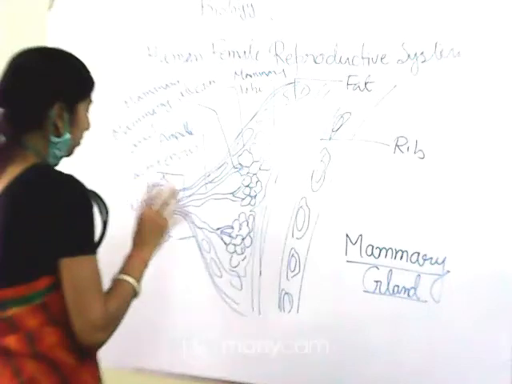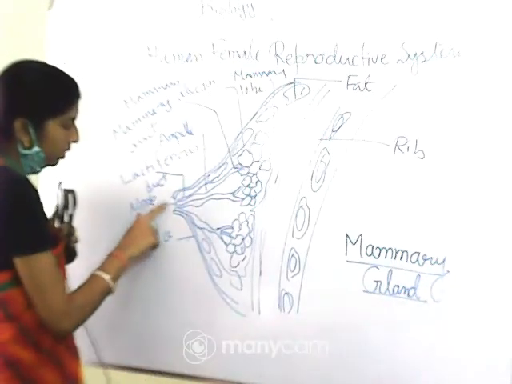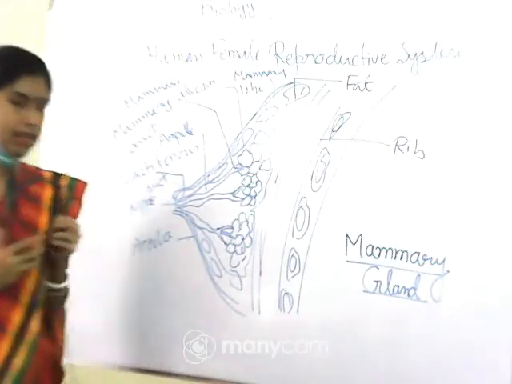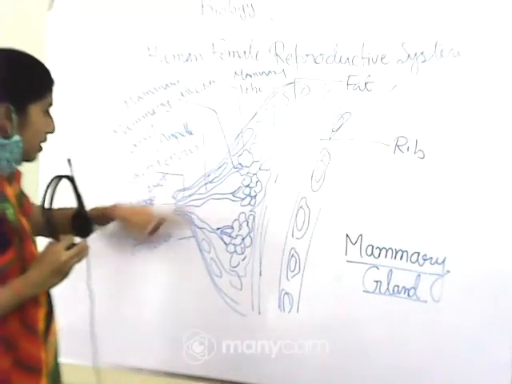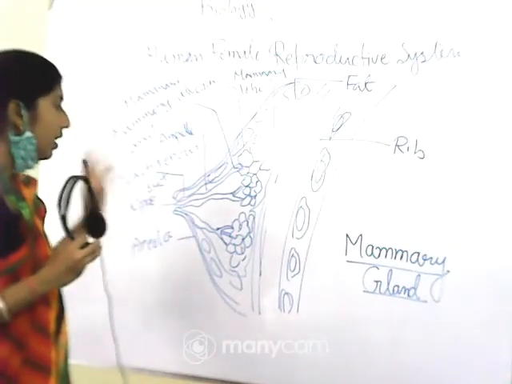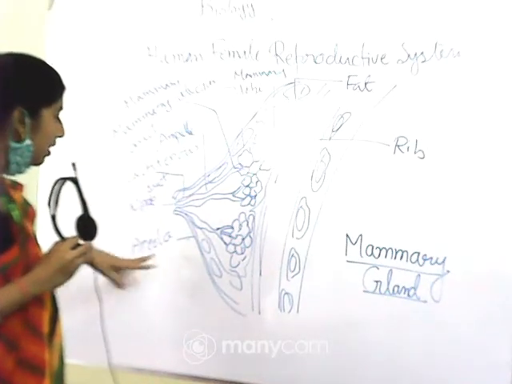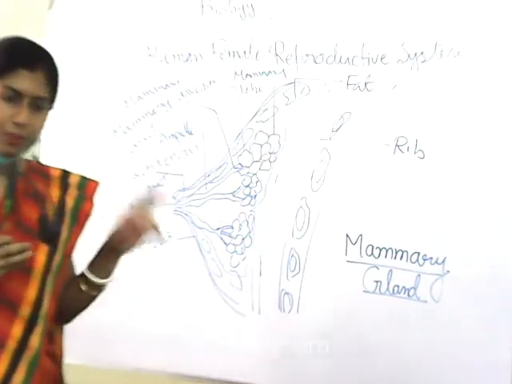The glandular tissue of each breast is divided into 15 to 20 mammary lobes containing clusters of cells called alveoli. First let me tell you about this portion: the tip of the mammary gland is considered as the nipple, and the area surrounding the nipple, which is quite dark in color, is considered as the areola.